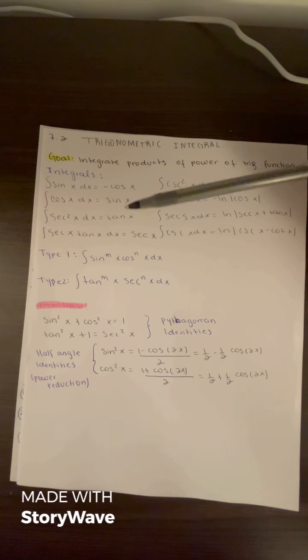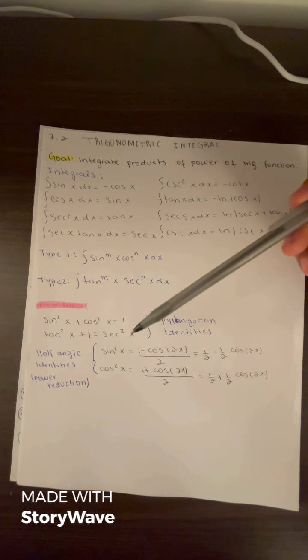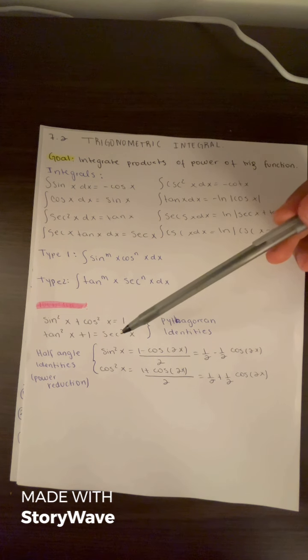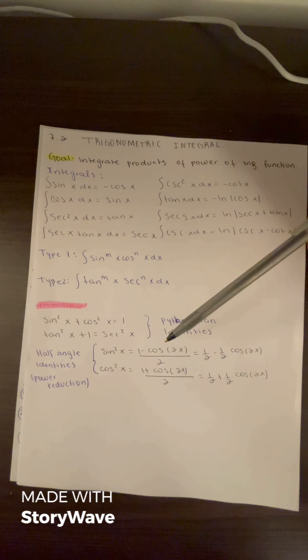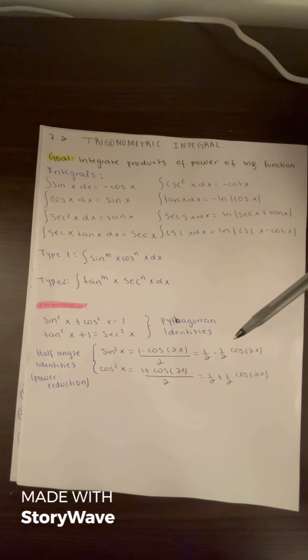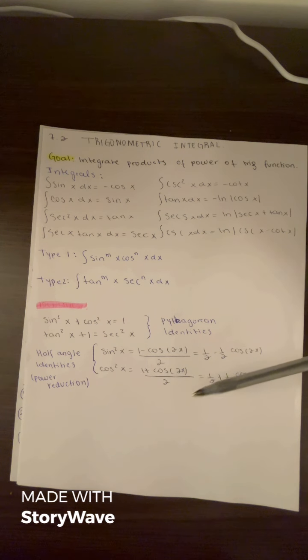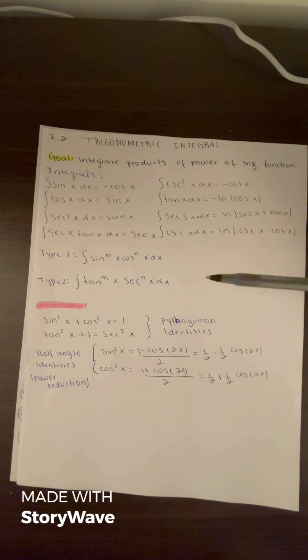And we also have the half angle identity, also well known as the power reduction, which is sine squared x equals (1 minus cosine 2x) over 2, equals 1/2 minus 1/2 cosine 2x. And cosine squared x equals (1 plus cosine 2x) over 2, equals 1/2 plus 1/2 cosine 2x. So it's kind of the same thing, just the signs, negative and positive.